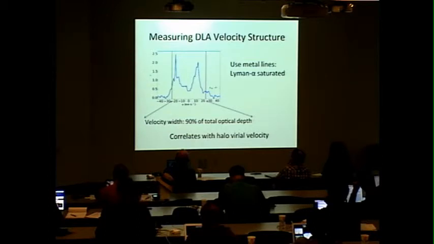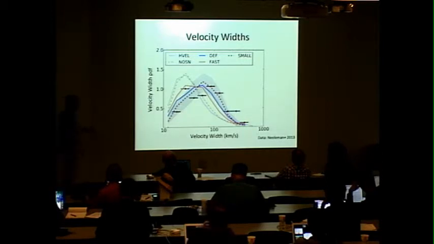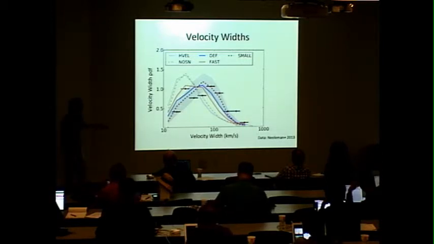You can take a bunch of these spectra, and you can find a histogram of their velocity widths. And this is what you get. I'm going to come back to this plot later. For now, just take that this is the velocity width down the horizontal axis, and this is the histogram. This red line is my favorite simulation.